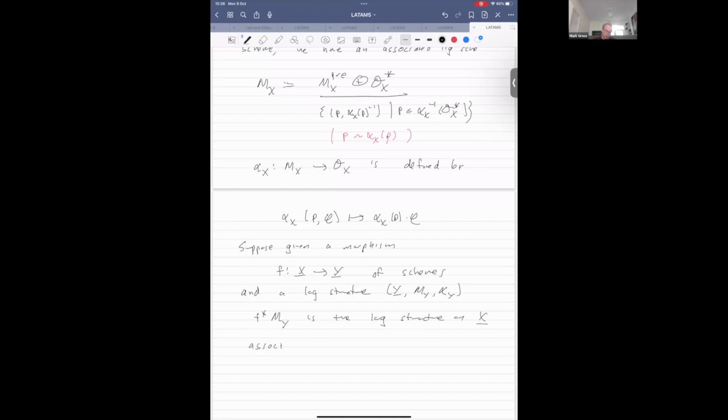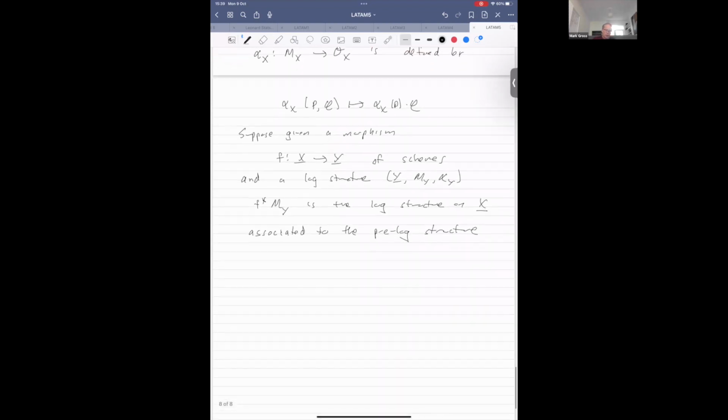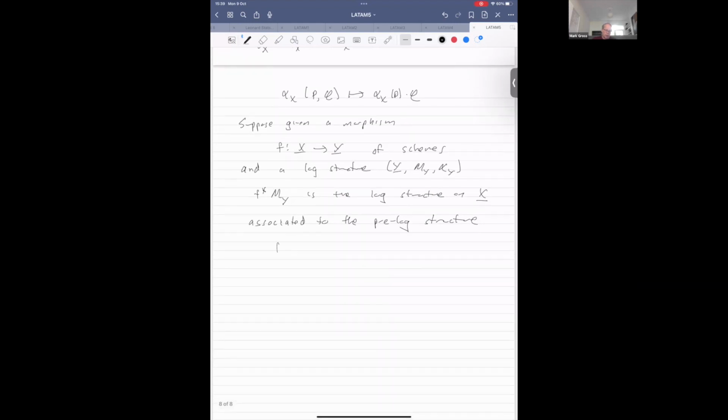associated to the pre-log structure, so I just take f inverse M_Y. Now f inverse M_Y has its map to f inverse O_Y. And then I also have the more underlying morphism of the map to O_X. So this map here is a map from this sheaf of monoids to O_X.